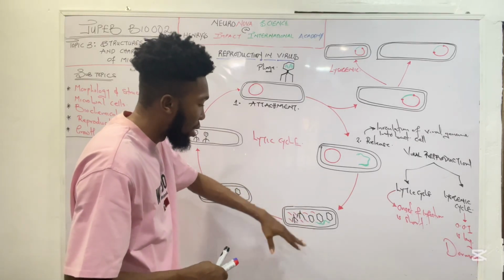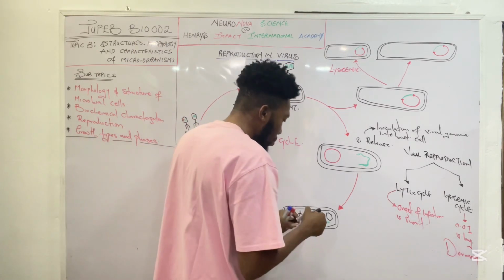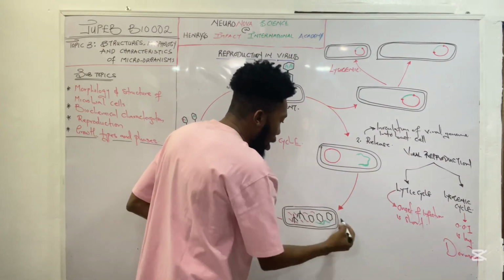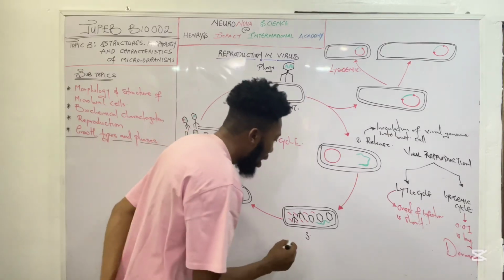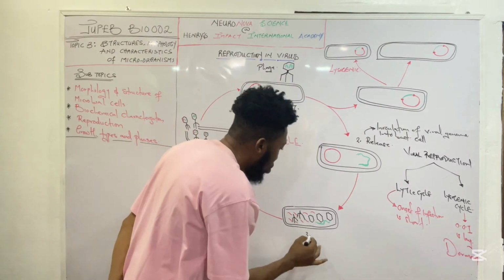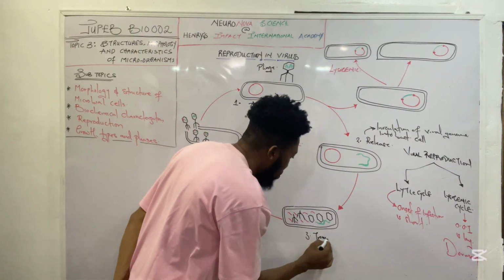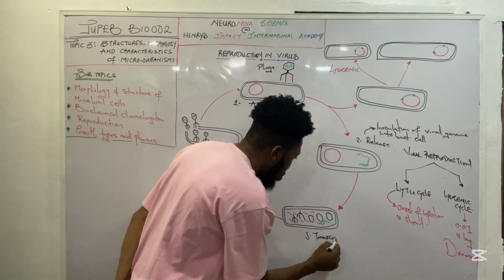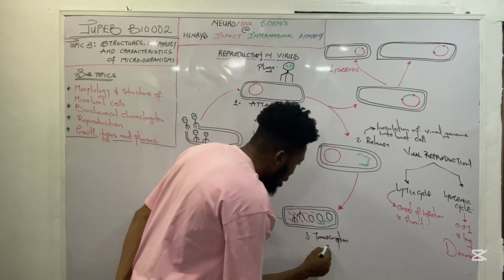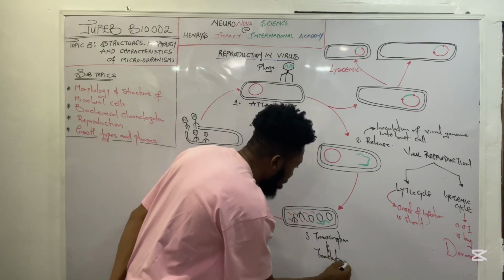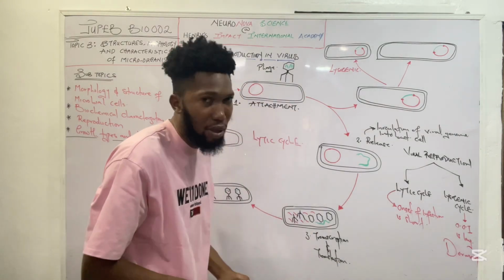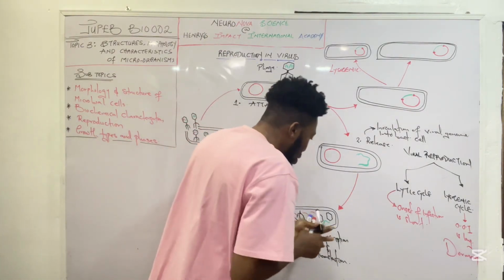So from here to here, you have step 3. What you are really having at this point is transcription and translation. How does it go about this translation? What is it utilizing?